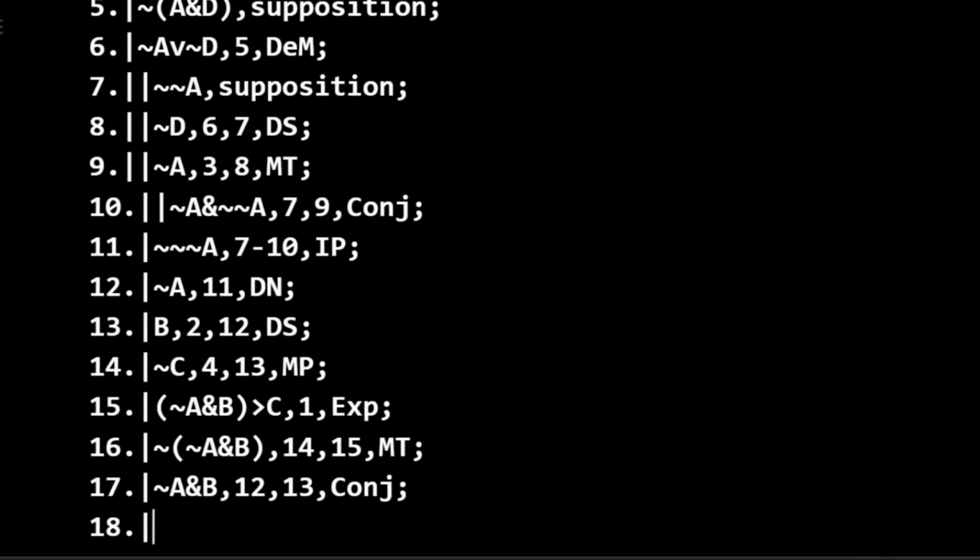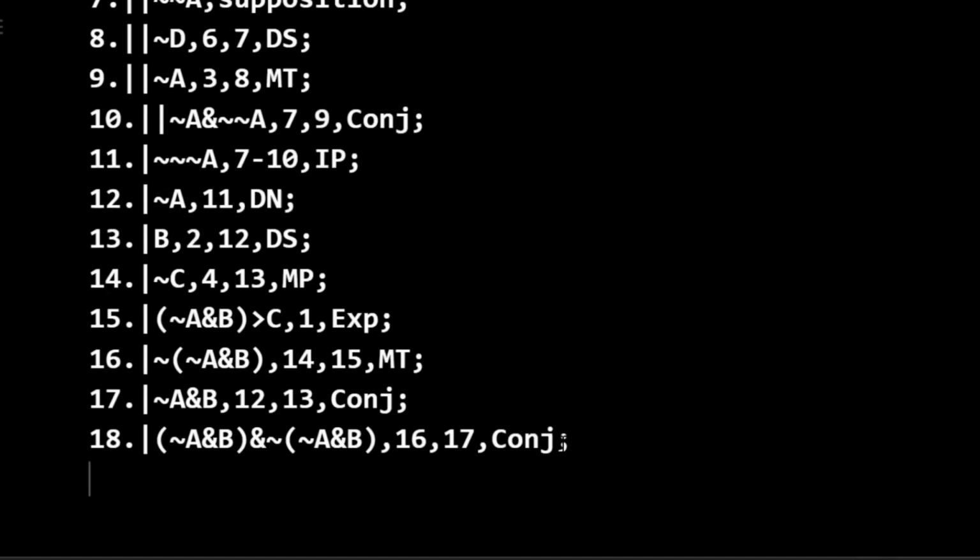And then we can do not A and B and not (not A and B) from lines 16 and 17, conjunction introduction. Again, and now we have a contradiction of the right form, P and not P. And this is our outer indirect proof.